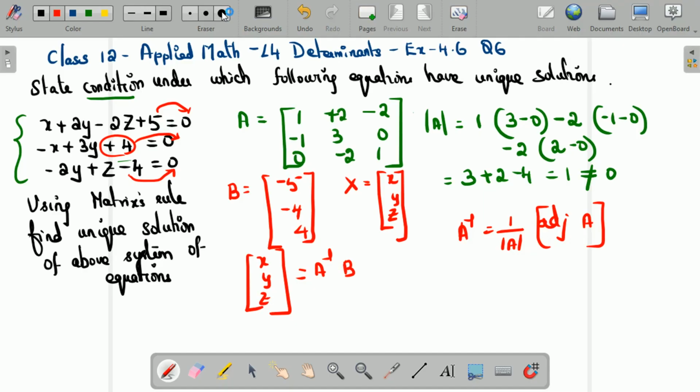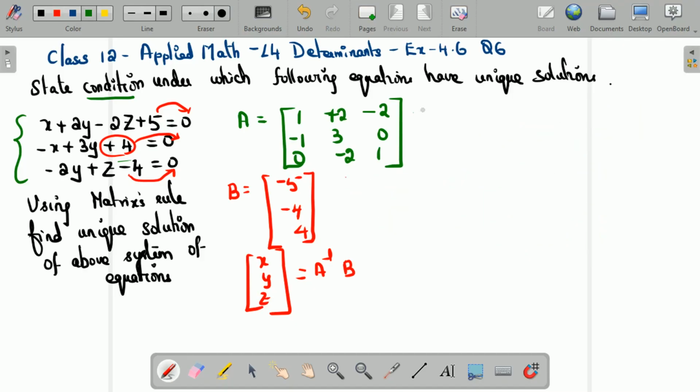Now let's work on calculating the adjoint matrix. First the cofactors, so that we can derive the adjoint. For A11, we are going to ignore this row and column. So this is 3 minus 0, so it is plus 3. Now A12 is going to be the negative of, discard this value and this value, so it is minus 1. There is already a minus sign here, so it becomes plus 1. Now let's write out A13.